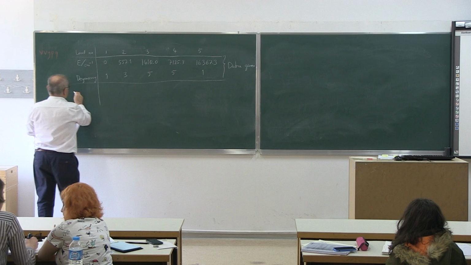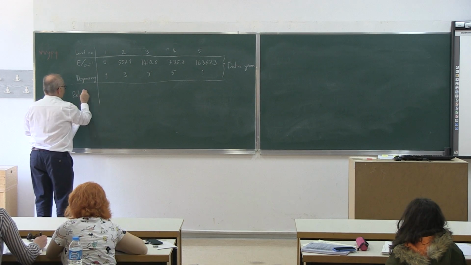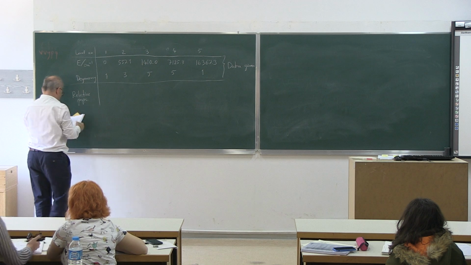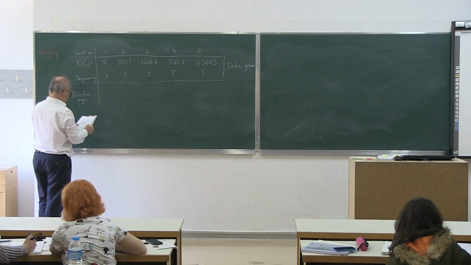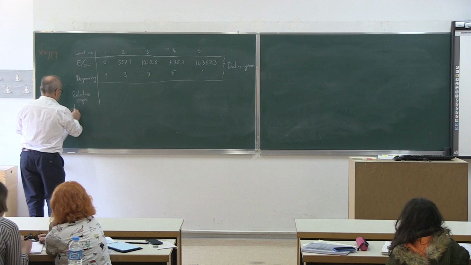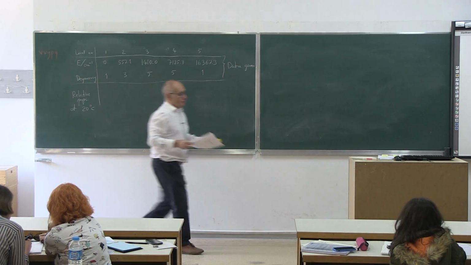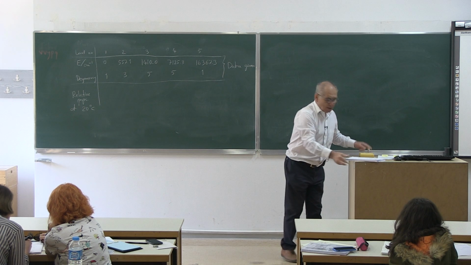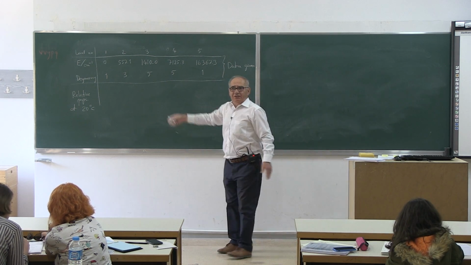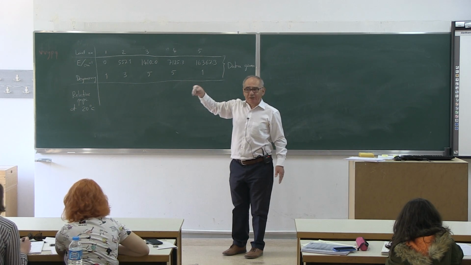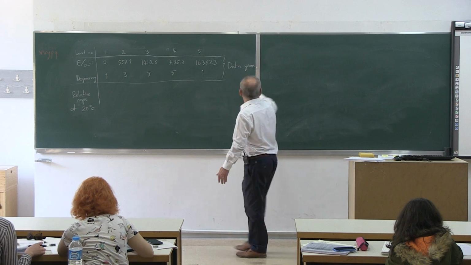We are asked for relative populations at which temperature? At 20 degrees centigrade. Well, this is an application of the Boltzmann distribution. What is the Boltzmann distribution?